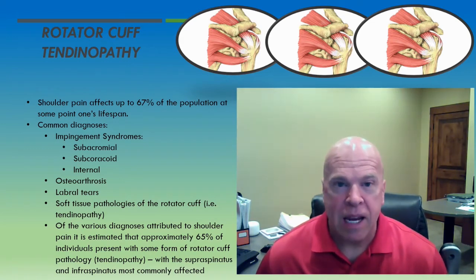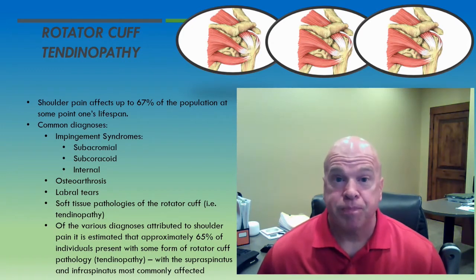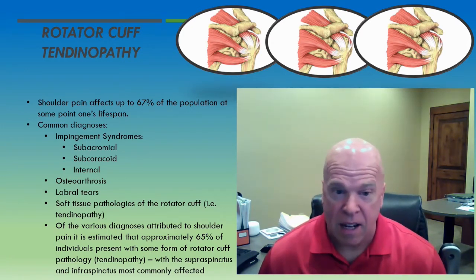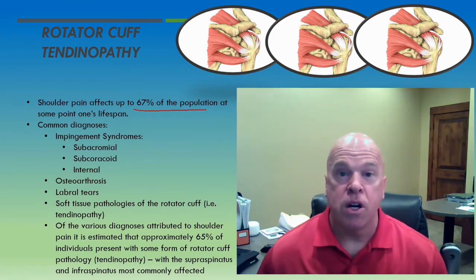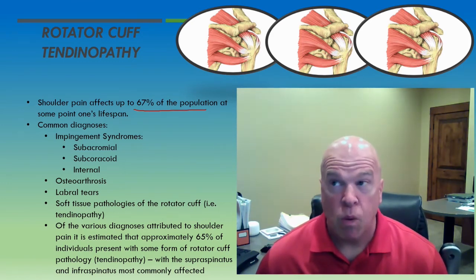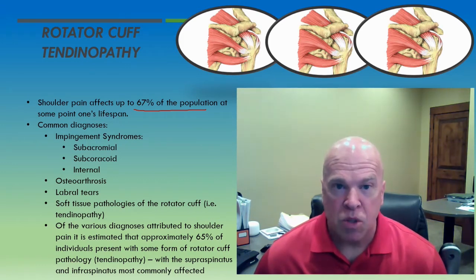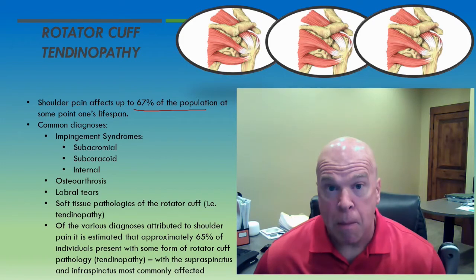But shoulder pain is nearly ubiquitous in the adult population, and this study tells us that at least 67%, two-thirds of people, will at one point or another have some degree of shoulder pain symptoms that require activity modifications and medical treatment.